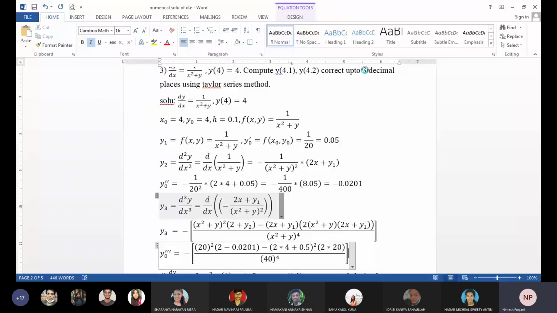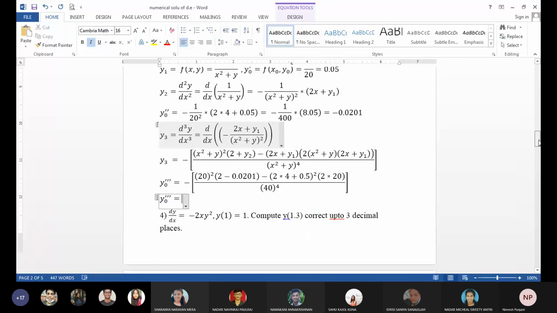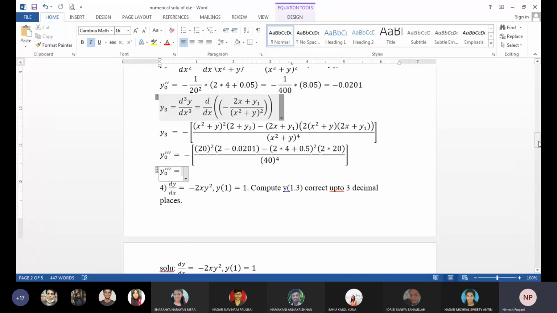Right, divided by 40 raised to 4. Fine, now we have to simplify this and write the value. This is minus 20 ka square is 400 multiplied by 20 raised to 4 in the denominator.